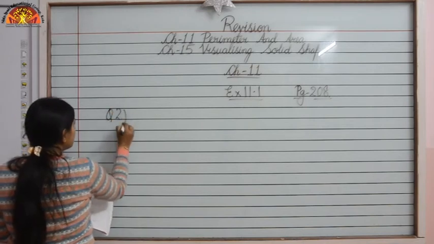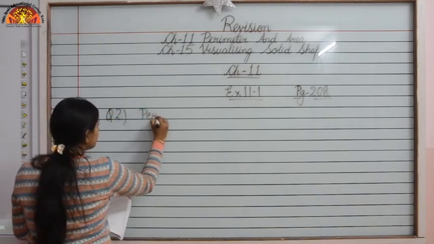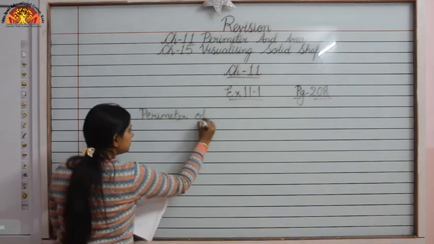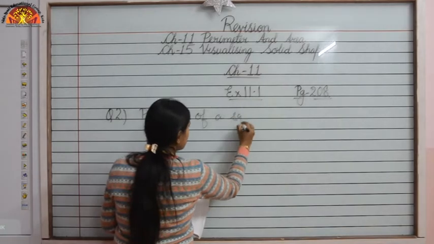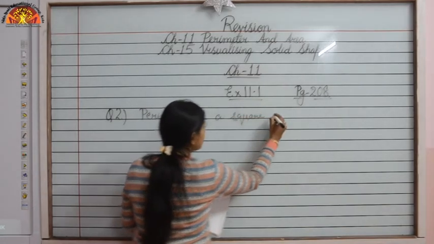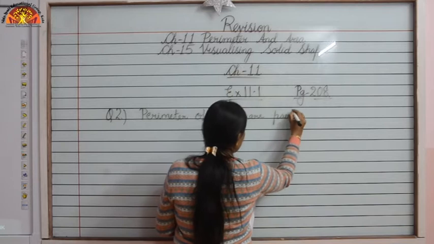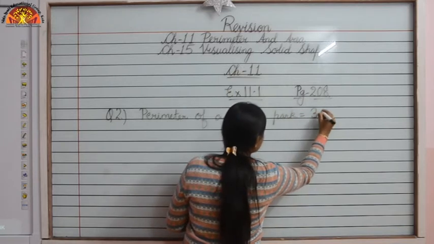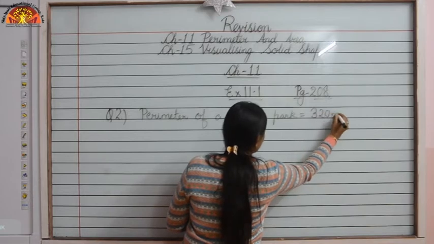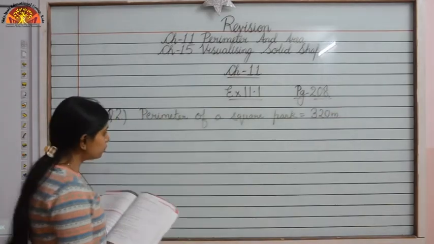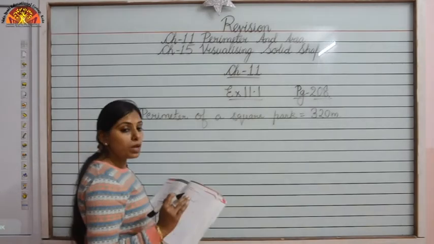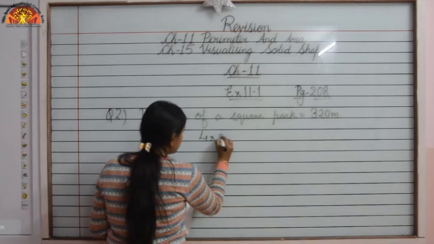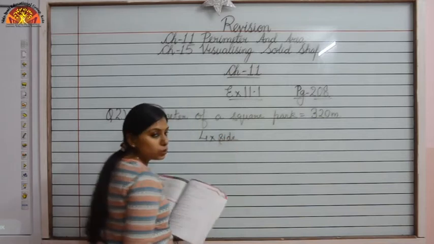So it is given, perimeter of a square park is equal to 320 meters. Okay, so perimeter is given to you, and as you know, the formula for the perimeter of a square is 4 into side.